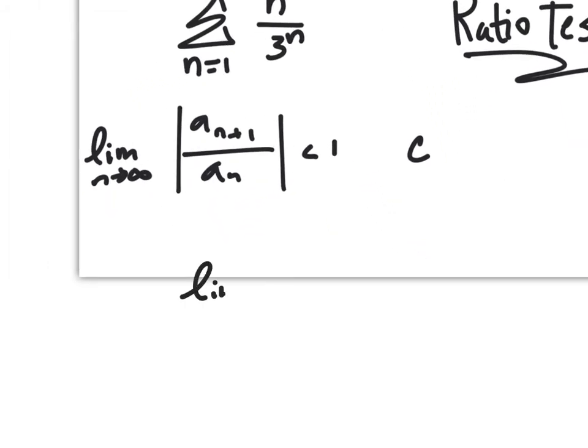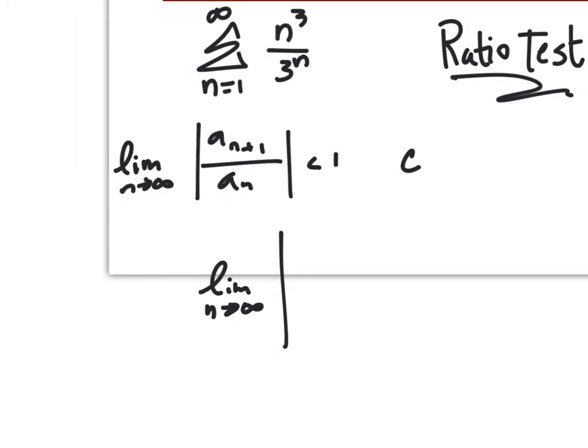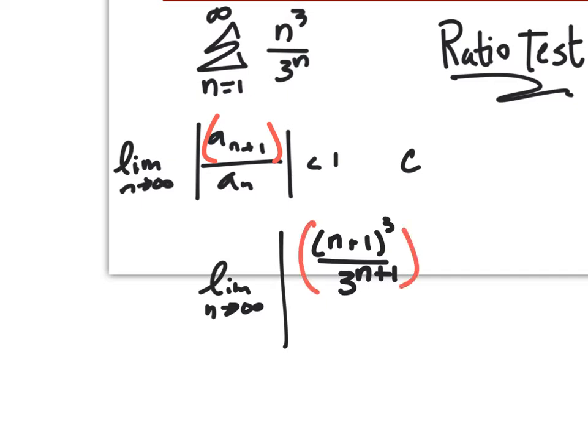So let's take the limit as n goes to infinity of a sub n plus 1. Well, what would that be? That would be n plus 1 cubed over 3 to the n plus 1. That right there is a sub n plus 1, the n plus 1th term. Let's divide it now by the original, which was n cubed over 3 to the n.